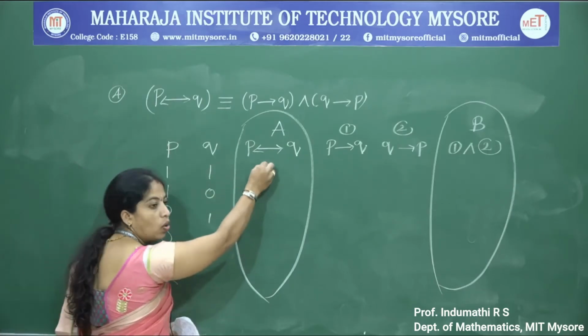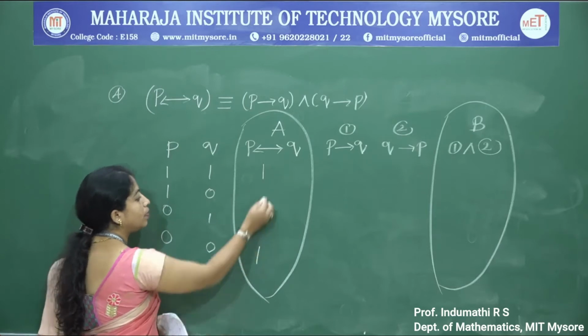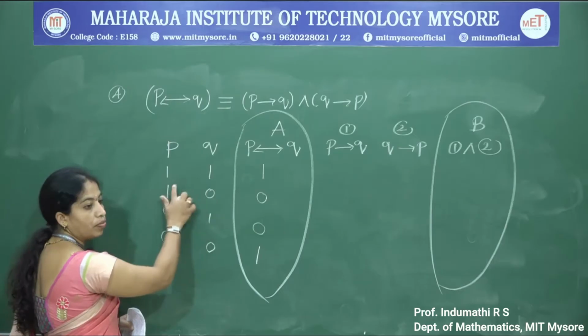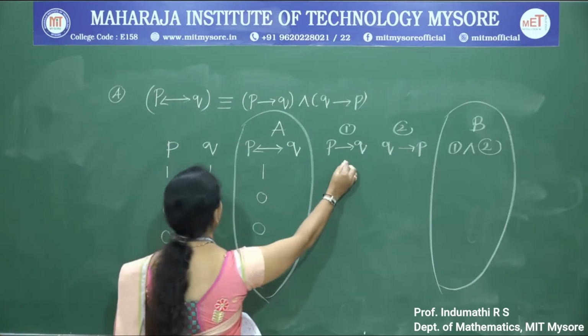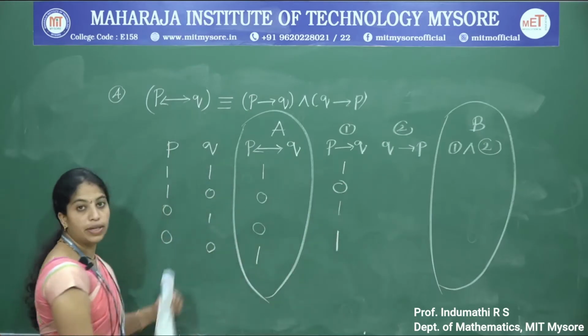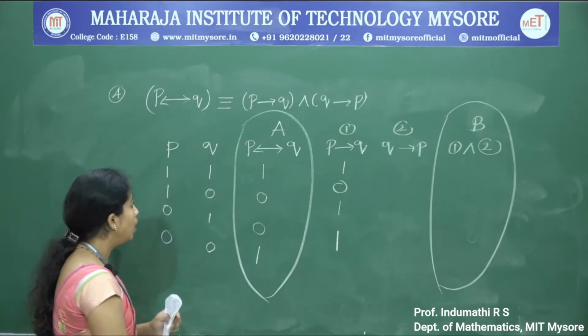In biconditional 1 1 is 1, again 0 0 is 1, the remaining terms will be 0. P conditional Q. In conditional 1 1 is 1, 1 0 is 0, the remaining terms will be 1.